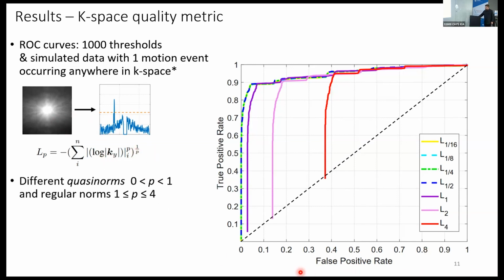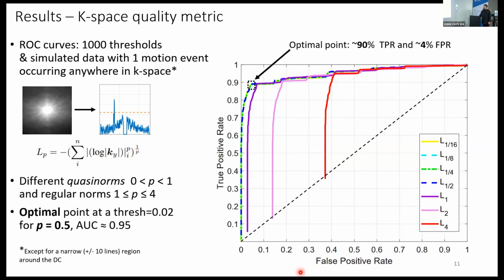It turns out that the optimal point is here, and it corresponds to a P-norm of 1/2. Strictly speaking, mathematically, it's a quasi-norm, because it's below 1, and it corresponds to a true positive rate of about 90% and a false positive rate of around 4%.